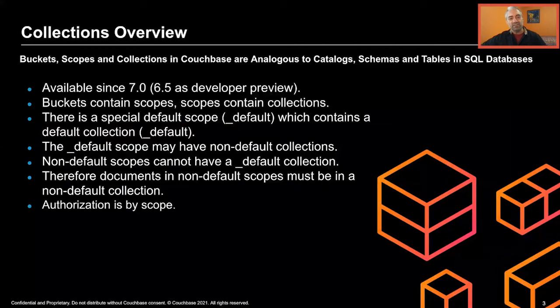So you might have the expectation that you can have both, but it's only the default scope that can have a default collection. Therefore, documents in a non-default scope must be in a non-default collection. So as you're using it, you might get errors or complaints that you're trying to do something different.